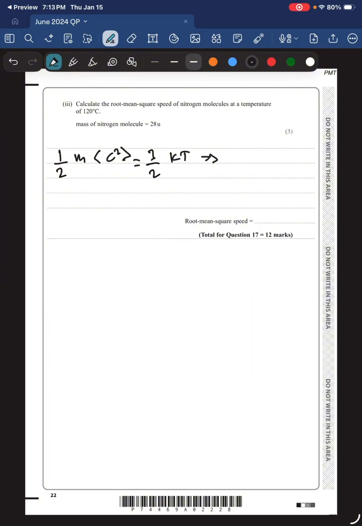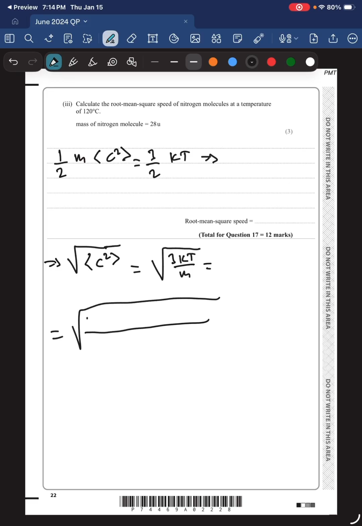Okay, so if we take the square root of c squared, this is what we need to find. This is equal to the square root of 3kT over m, which is equal to 3 times 1.38 times 10 to the negative 23 times the temperature.